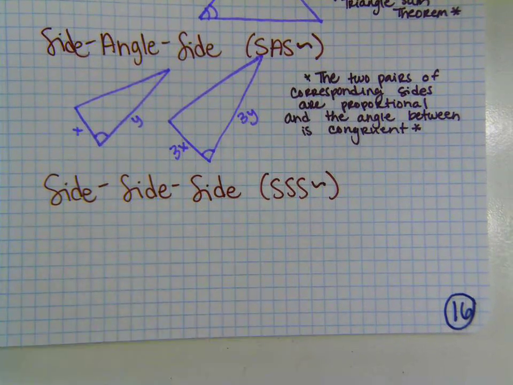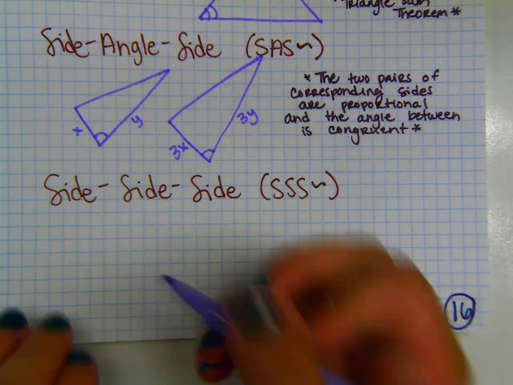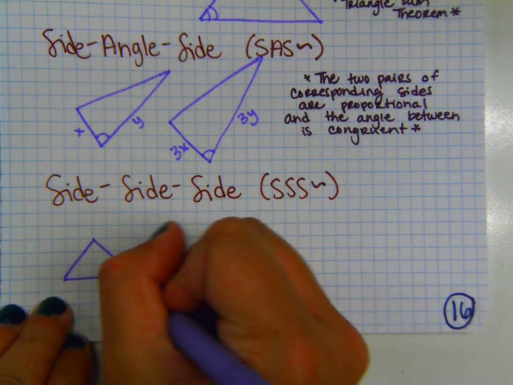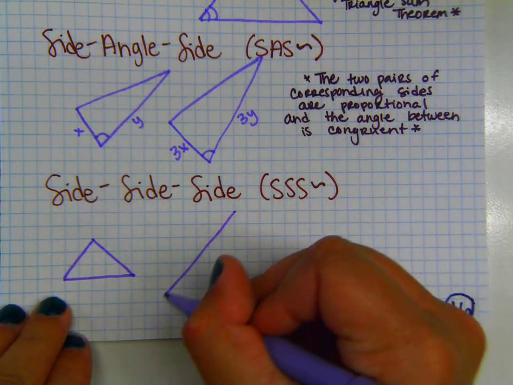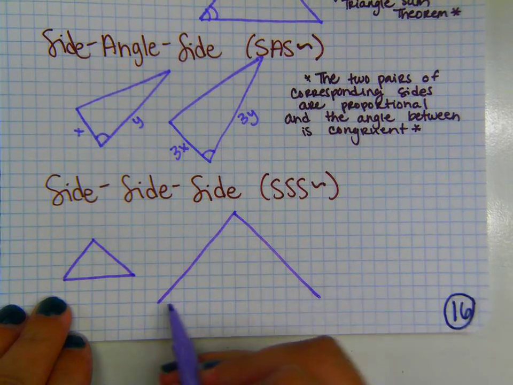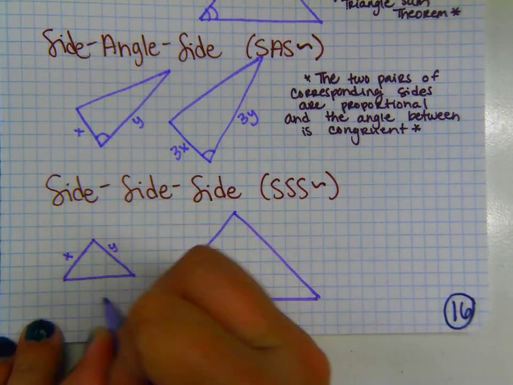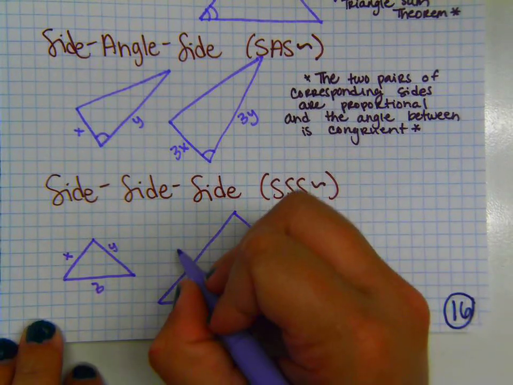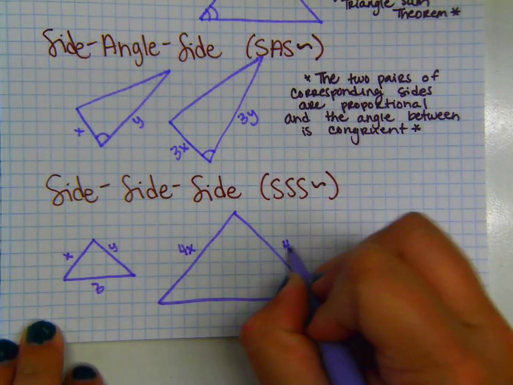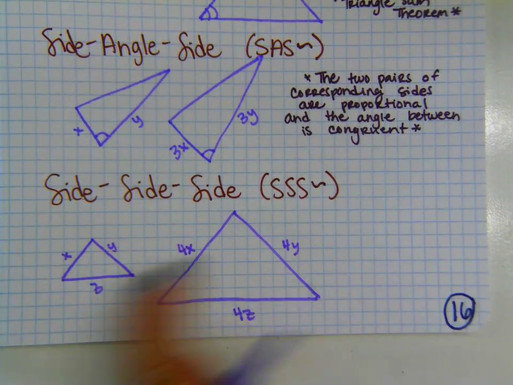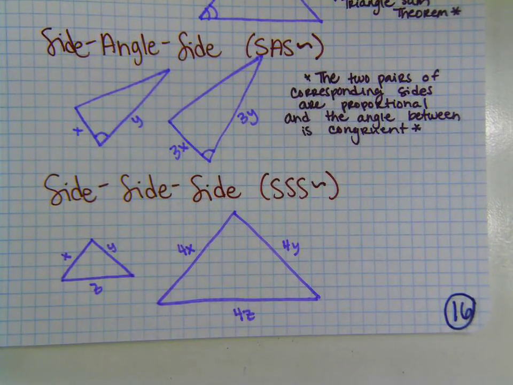You have three sides that are proportional, which could look like this. Where we could have side length x, y, and z. And then this could be 4x, 4y, and 4z, because we have that scale factor going from the first triangle to the second one.